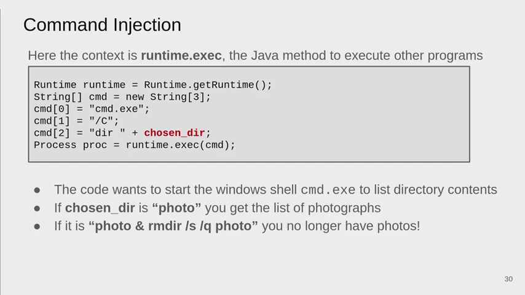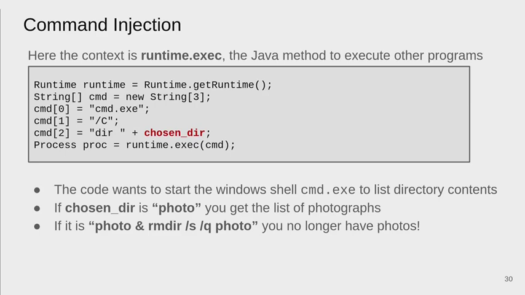Command injection is another one of my favorites. Say you run runtime.exec, the Java method to execute other programs. Let's say we are on Windows, we create a string, command equals new string that consists of three parts: cmd.exe to run the command interpreter, /c, which tells it to execute this one command, and then the command is dir for list directory and the chosen directory.